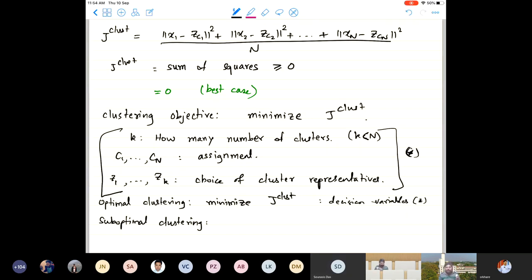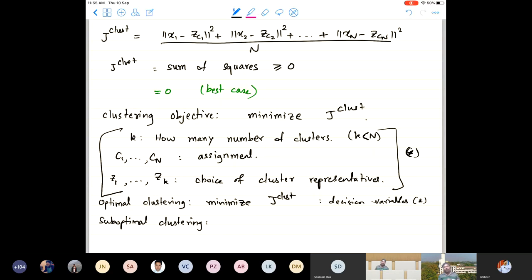So K is less than N. Once that is the situation, you want to minimize. Every time it may not be possible to exactly minimize. You are not sure whether you have achieved the minimum or not, but you are reasonably happy with the result for the particular application that you are working with, and you stop there.